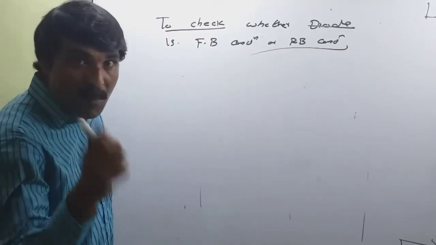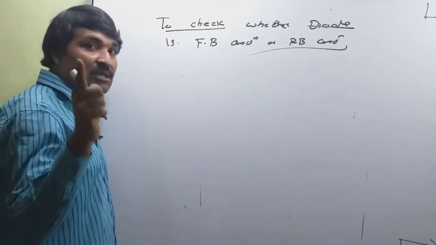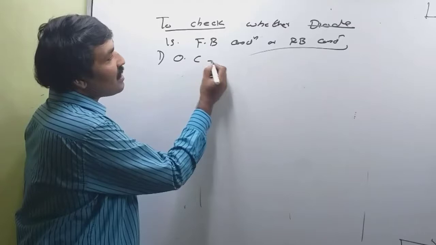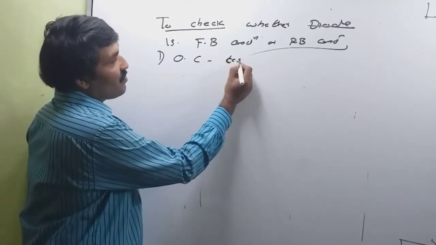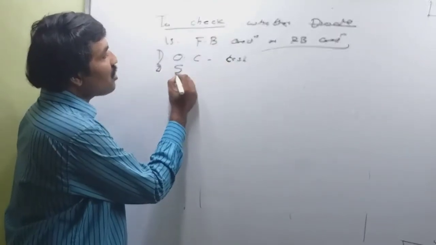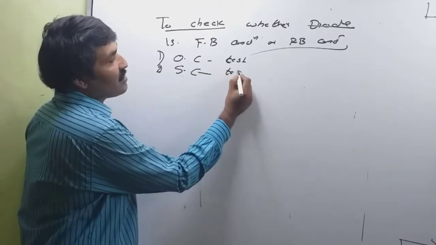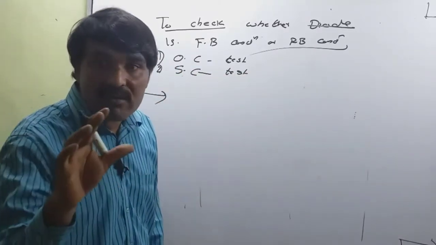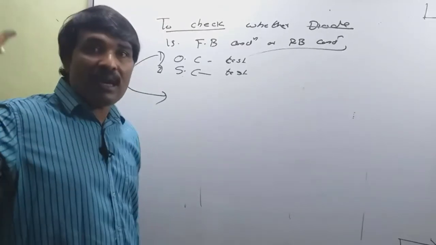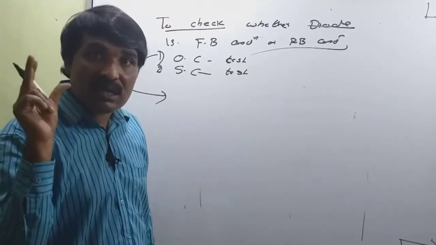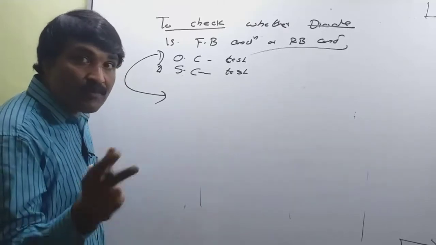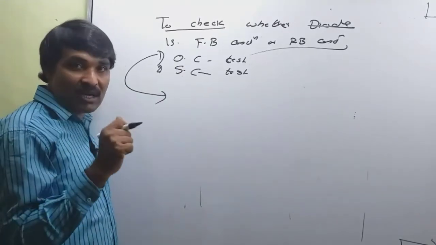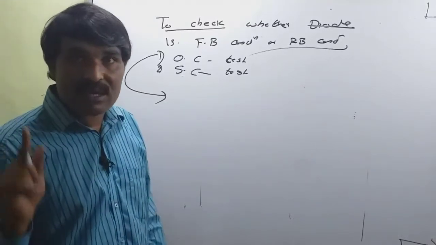One is the open circuit test, OC, and the other is the short circuit test. In the open circuit test, what we are doing is we open circuit the diode and find the voltage across the diode. If the anode is more positive with respect to the cathode, then the diode is in forward bias condition. Otherwise, the diode is in reverse bias condition.